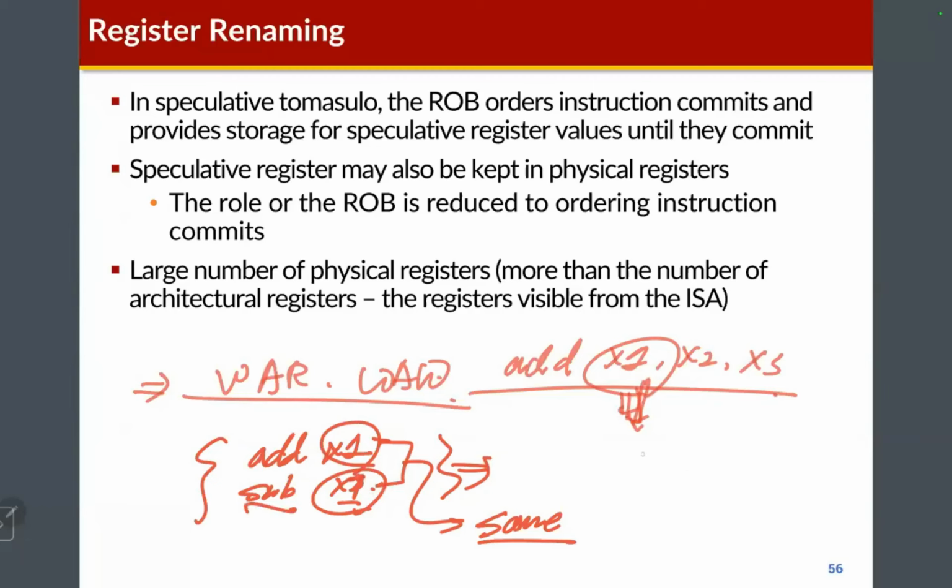In order to avoid the WAR or WAW hazard, we require more registers. In the Tomasulo algorithm, there are tags, and the register data is stored in the issue queues. So we can distinguish different data, even though the architectural register number is the same, with the tag in the Tomasulo algorithm.